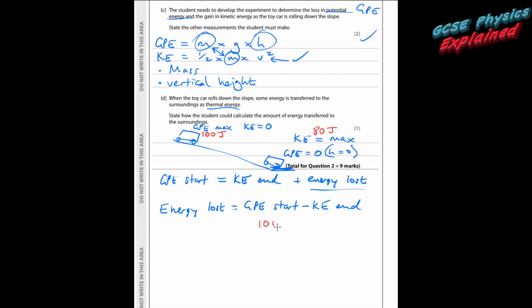That would be 100 joules take away 80 joules, which would give you how much you've lost, your 20 joules. So generally, the energy lost is the energy at the start, take away the energy at the end.